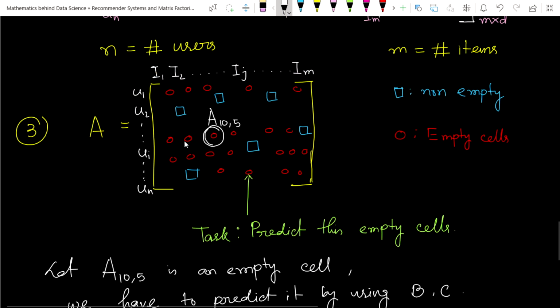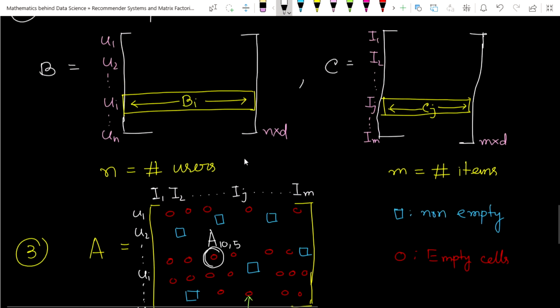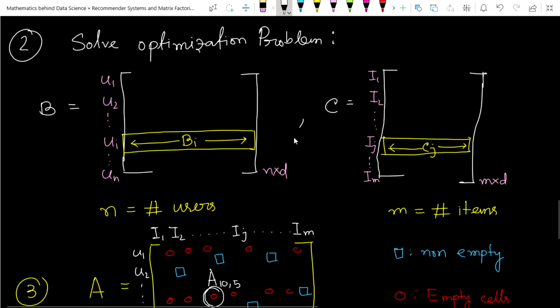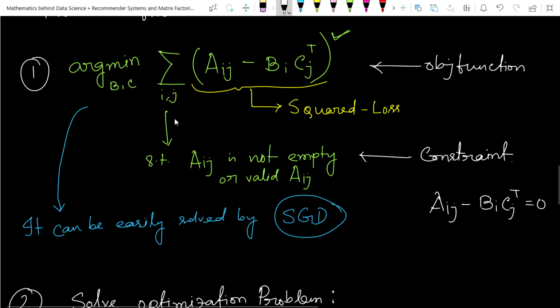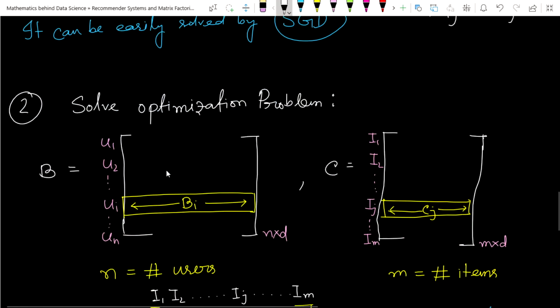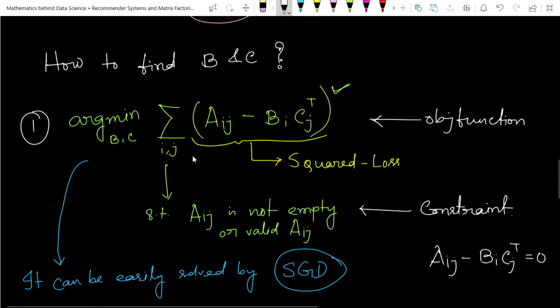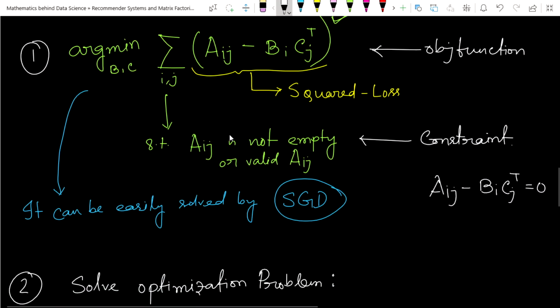We have already calculated the B and C matrices by solving this optimization problem. We solved this optimization problem by using the non-empty values, meaning simply the valid values of the aij.